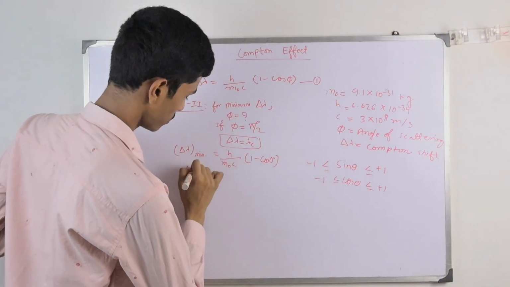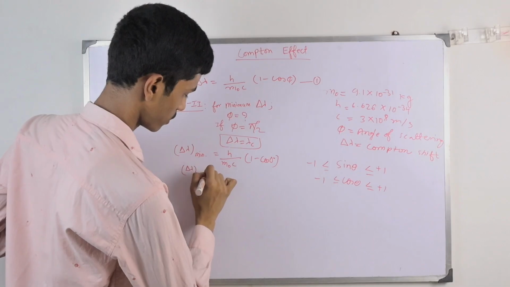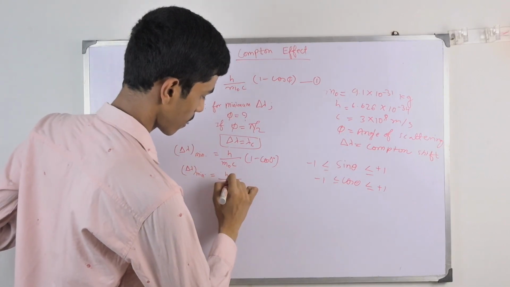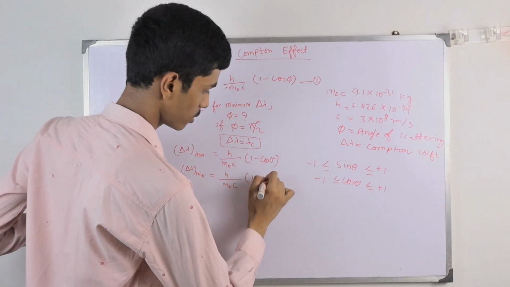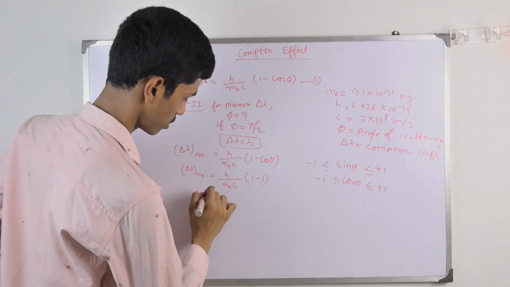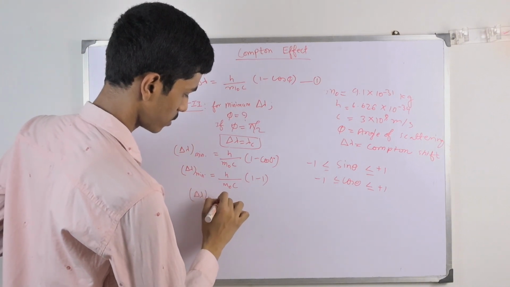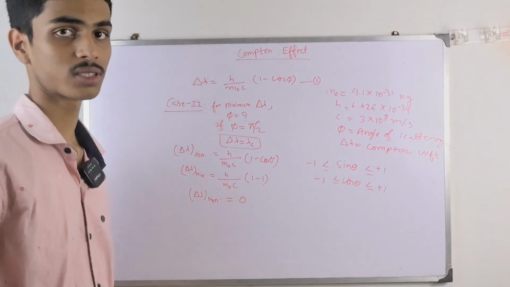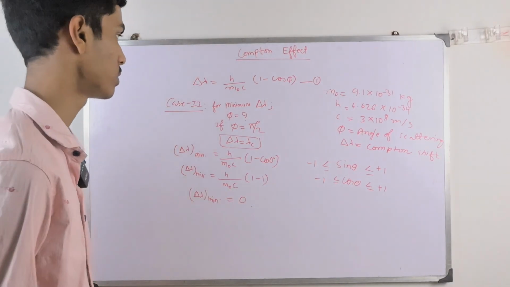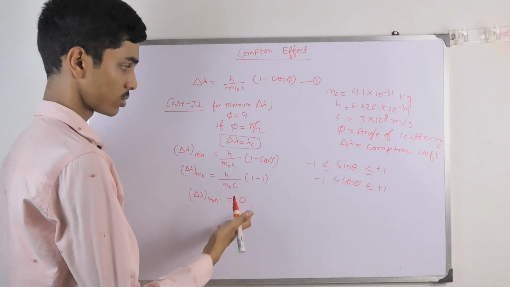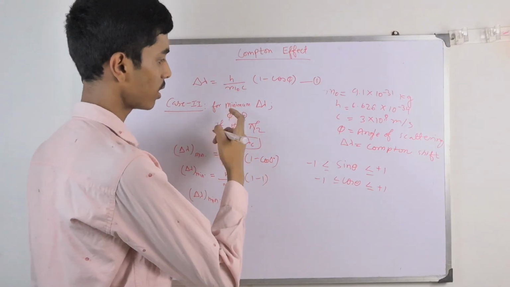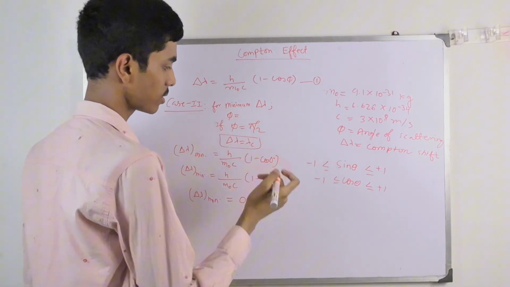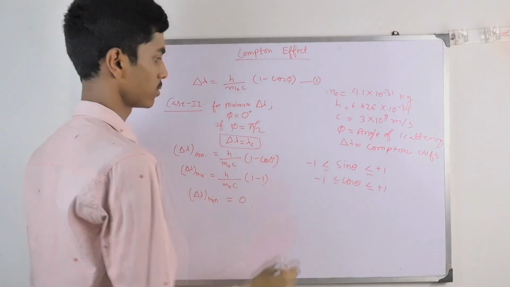So del lambda minimum will be h by m naught c into 1 minus 1, which is 0. 0 multiplied by something is already 0. So for minimum del lambda, phi should be 0 degree.